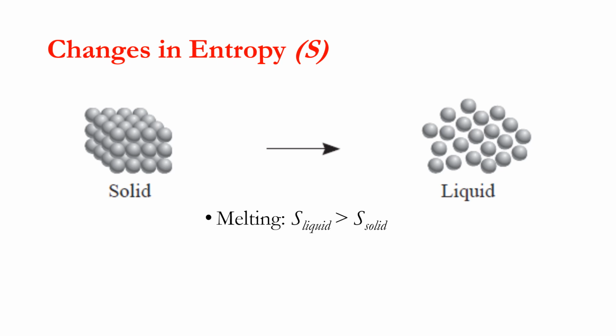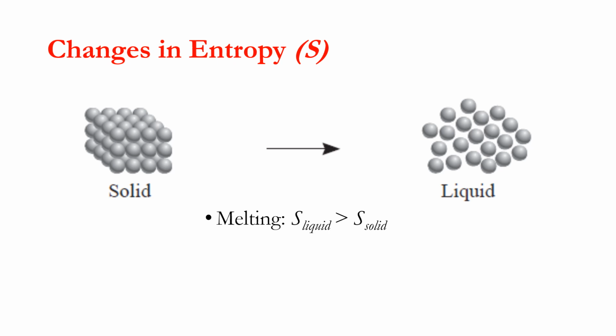In solid, particles are in a compact arrangement. The particles are in a more orderly arrangement. In liquid, there is a greater degree of disorder in terms of the particles. So that alone can tell us that the entropy in liquid is greater than the entropy in solid of this particular substance.